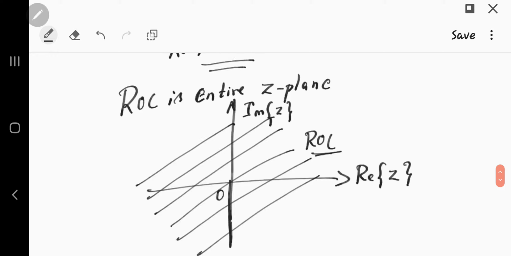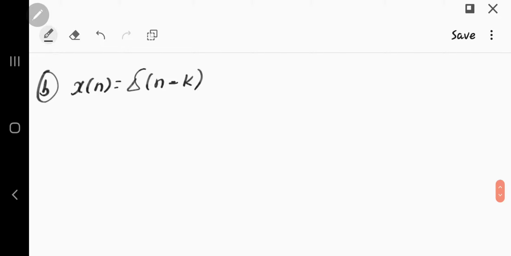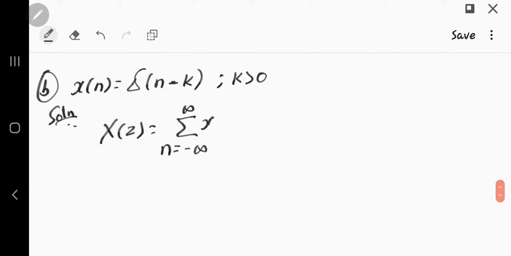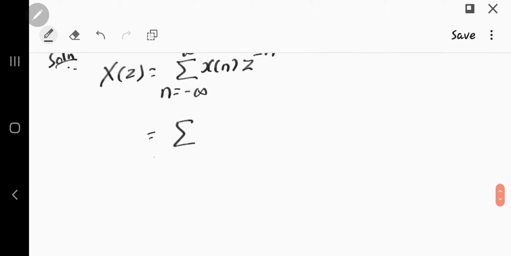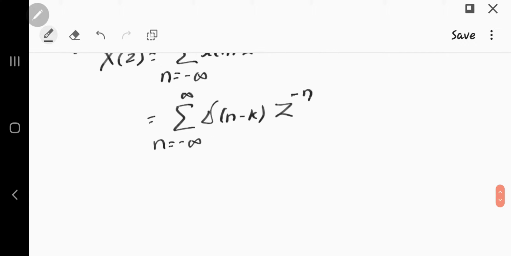Okay. Now coming to the second signal, we have x of n is equal to delta n minus k, where k is greater than 0. Take this, x of z is equal to summation n equals minus infinity to plus infinity x of n z to the power of minus n. If you substitute that, delta n minus k z to the power of minus n.